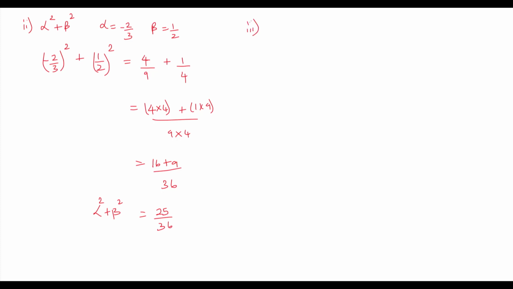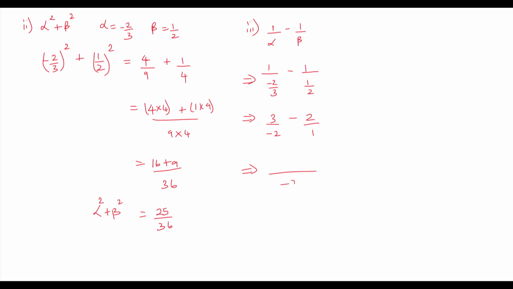Likewise, you can solve other sums, 1 by alpha minus 1 by beta. So 1 by alpha is 1 by minus 2 by 3 minus 1 by beta is 1 by 2. That is, doing the reciprocal for this, we'll get 3 by minus 2 minus 2 by 1.